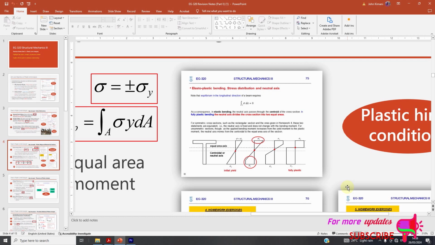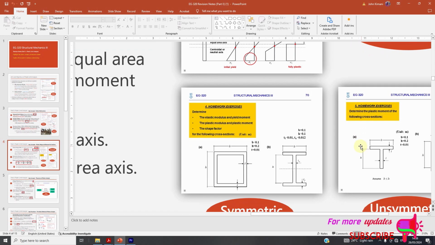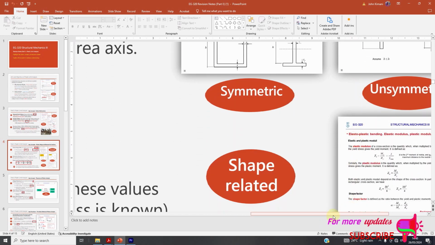The neutral axis in a symmetric section is equal to the equal area axis. In an asymmetrical section, the neutral axis is not equal to the equal area axis, as shown here.